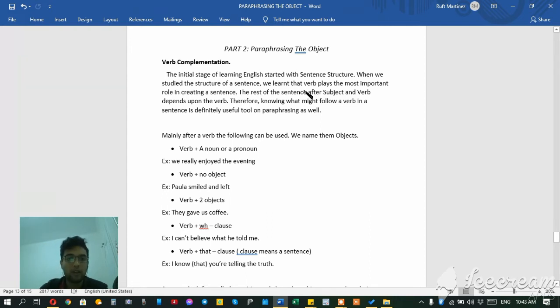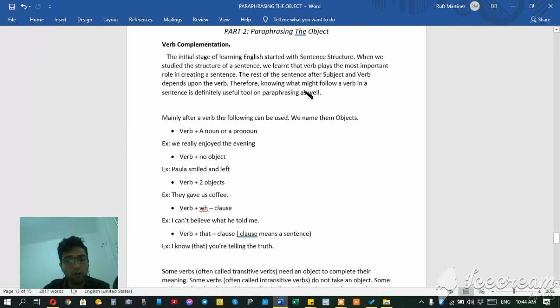We said before, when we studied the structure of a sentence, that the verb plays the most important role in creating a sentence. The rest of the sentence after subject and verb depends upon the verb. Therefore, knowing what might follow a verb in a sentence is definitely a useful tool for paraphrasing as well.